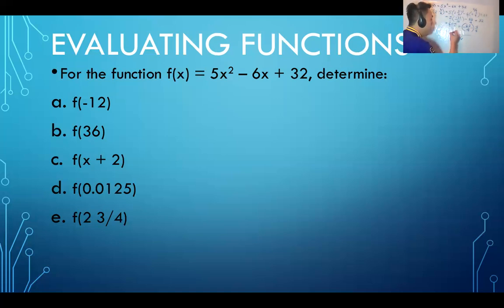So I will just copy 605 plus 62 times 4 is 248. So 605 plus 248, that is 853 over 16.